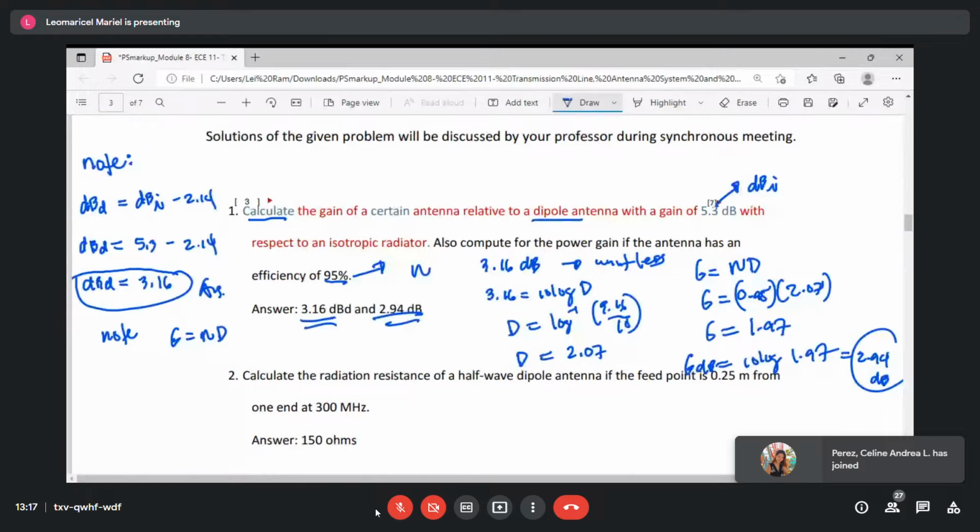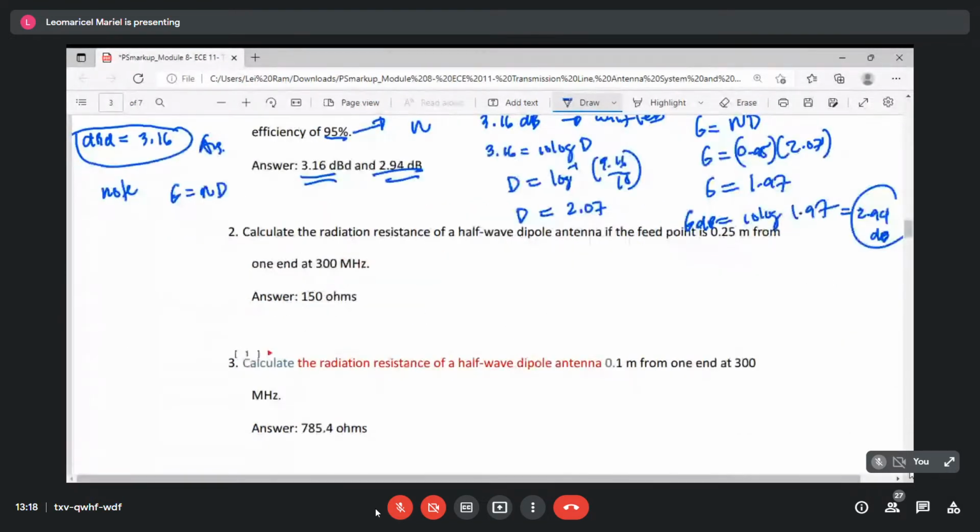Okay, next. Calculate the radiation resistance of a half-wave dipole if the feed point is 0.25 meter from the end at 300 megahertz. When we say feed point, let's say you have a dipole, with length lambda over 2.